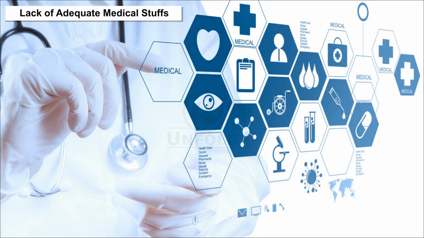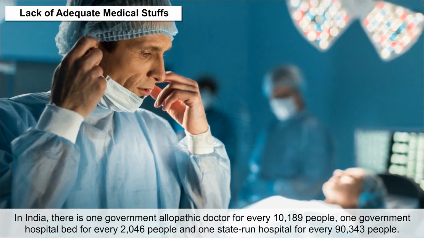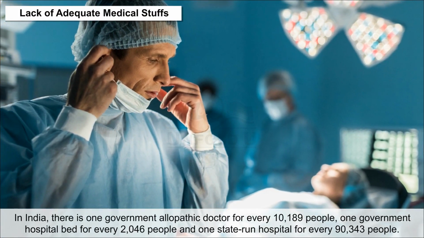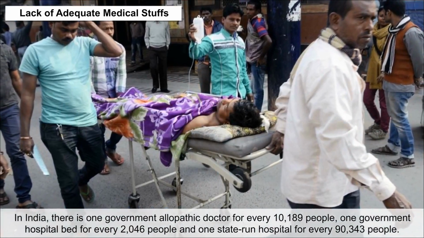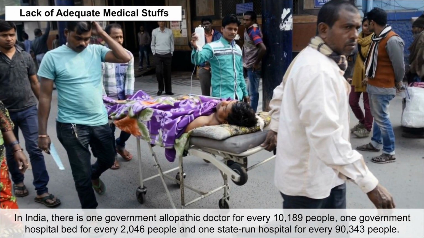Lack of adequate medical staff. In India, there is one government allopathic doctor for every 10,189 people, one government hospital bed for every 2,046 people, and one state-run hospital for every 90,343 people.